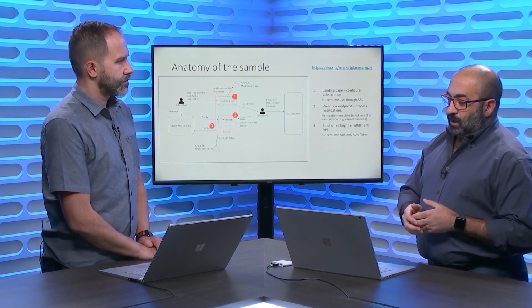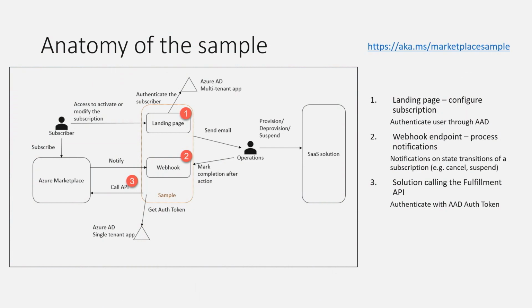So in this sample, I'm showing how you can use an existing operations team at the ISV whose job is to onboard a new customer and provision the required resources for that customer. So let me first go to the integration points.